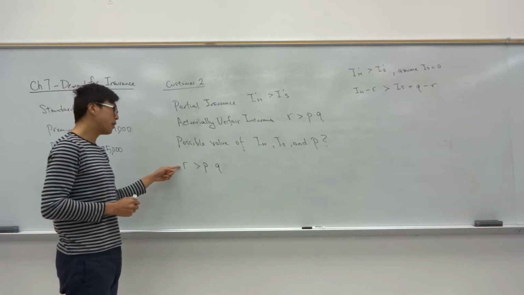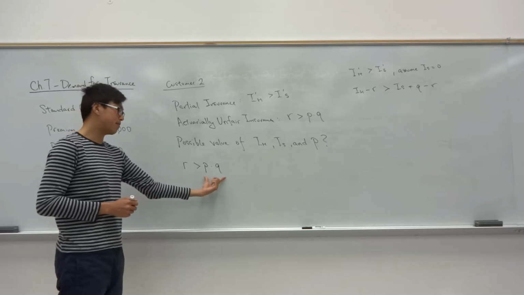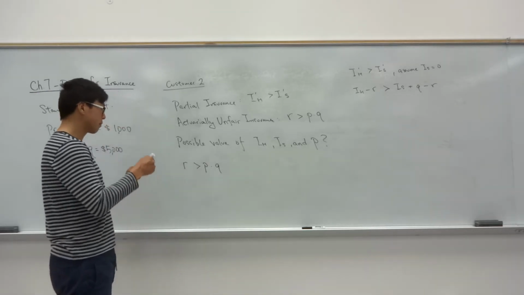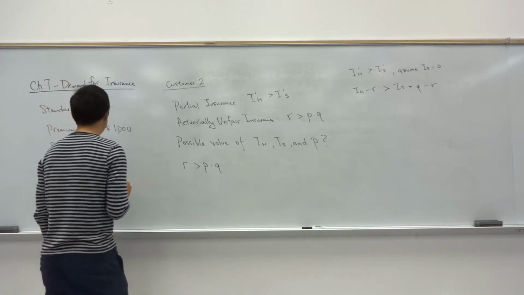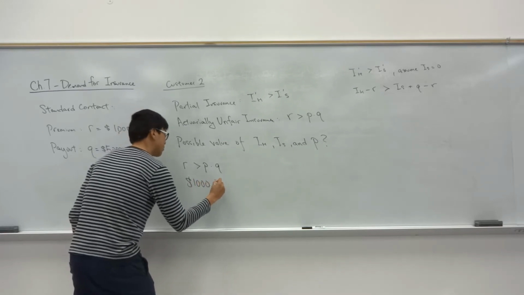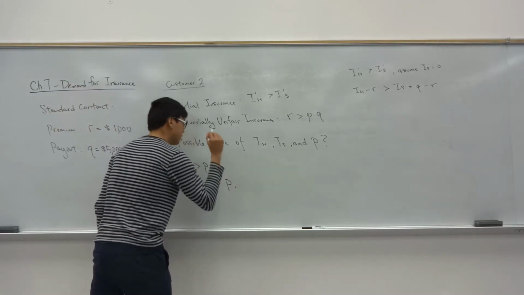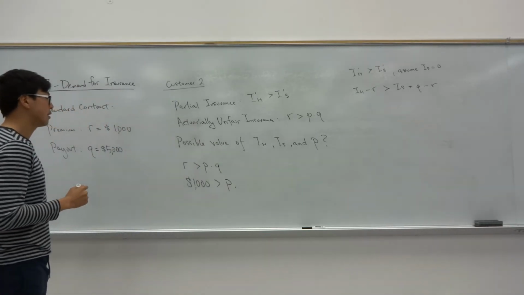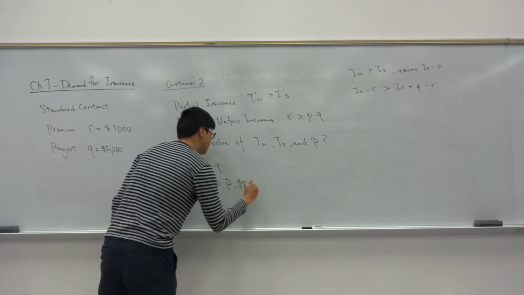So we set up the equation as the following. The premium is greater than the expected payouts. So we are basically plugging in numbers. The insurance premium is $1,000. It's greater than the probability of getting sick times the total payouts, which is $5,000.